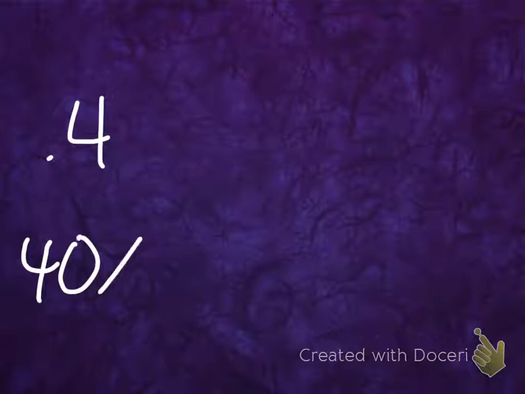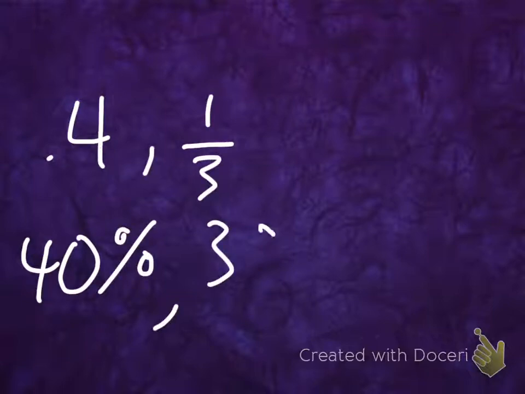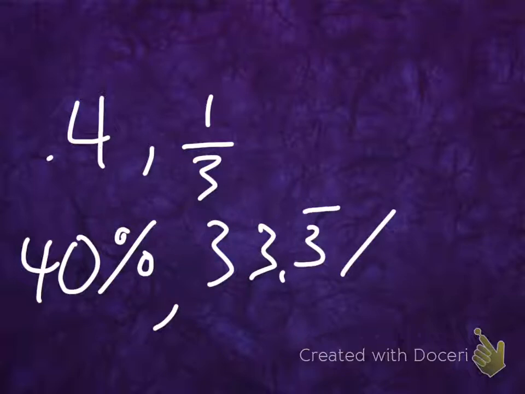Alright, just to check, next we have 0.4, which is 40%, followed by 1/3, which is 33.33%. Already we've got a larger number out in front, so C is out. D starts with -3/10.